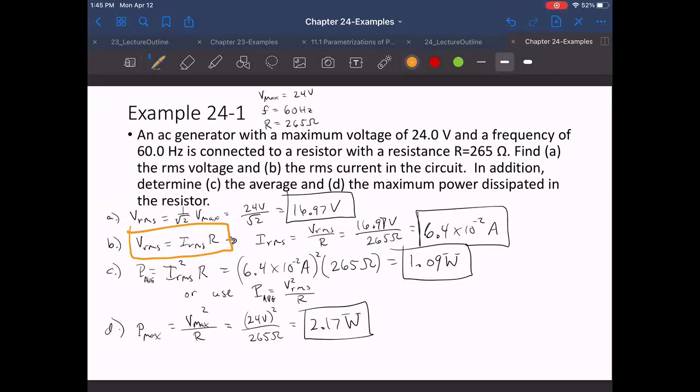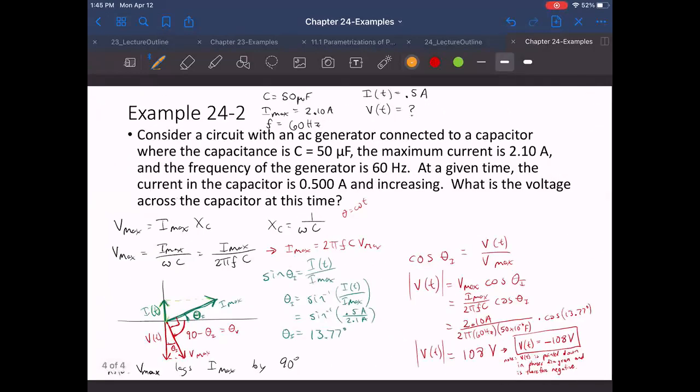Don't overthink these sections. All right, this one required me to think about the phasor diagram. It says, consider a circuit with an AC generator connected to a capacitor where the capacitance is 50 microfarads. The maximum current is 2.1 amps and the frequency of the generator is 60 hertz.